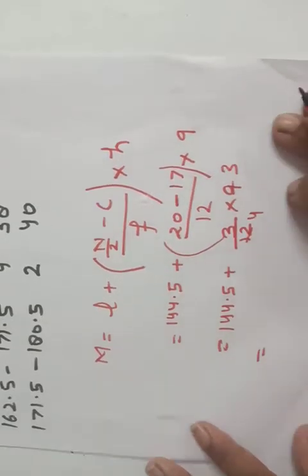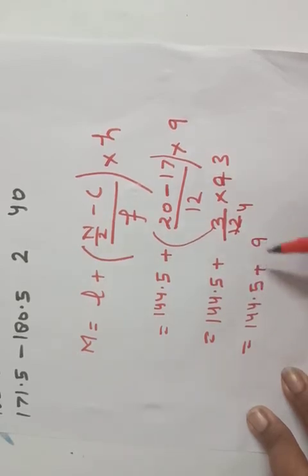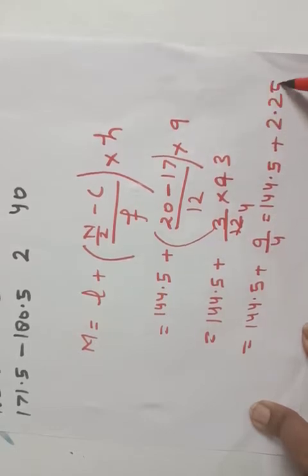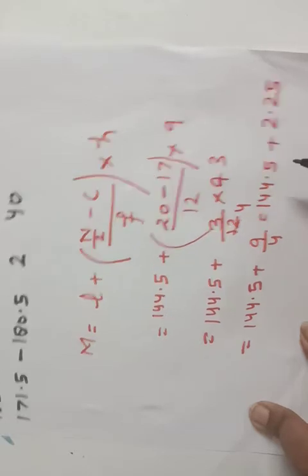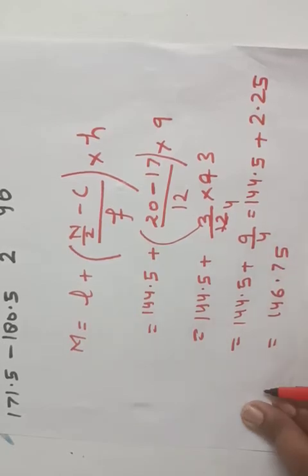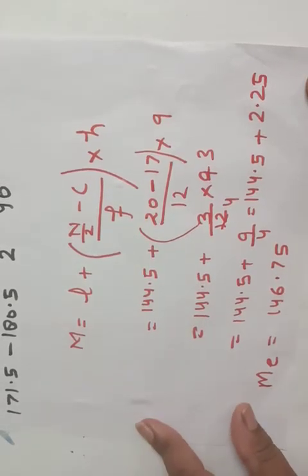So that is equal to 144.5 plus 9 upon 4. That is equal to 144.5 plus 2.25, that is equal to 146.75. So this is the median of the given data, or the median length of the leaves.